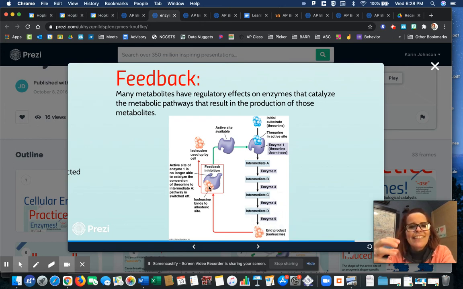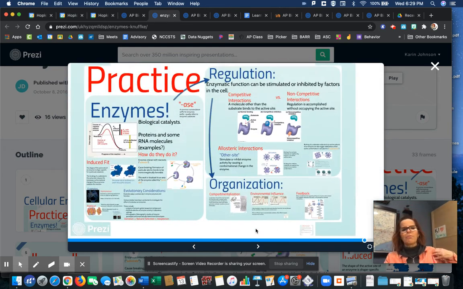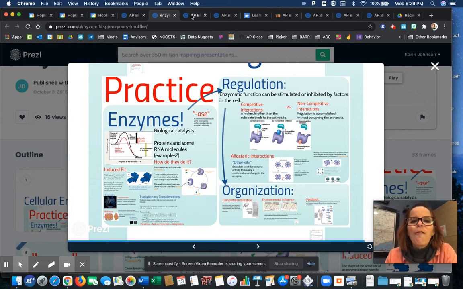Isoleucine attaches onto an allosteric site of the same enzyme and shuts the reaction off and says, okay, we have enough isoleucine, we don't need to produce any more. This continues until the cell uses up the isoleucine, and then it falls off the allosteric site. The enzyme returns to its original conformation, and we make some more isoleucine. So brilliant, right? How your body works. Okay, that's it for enzymes.